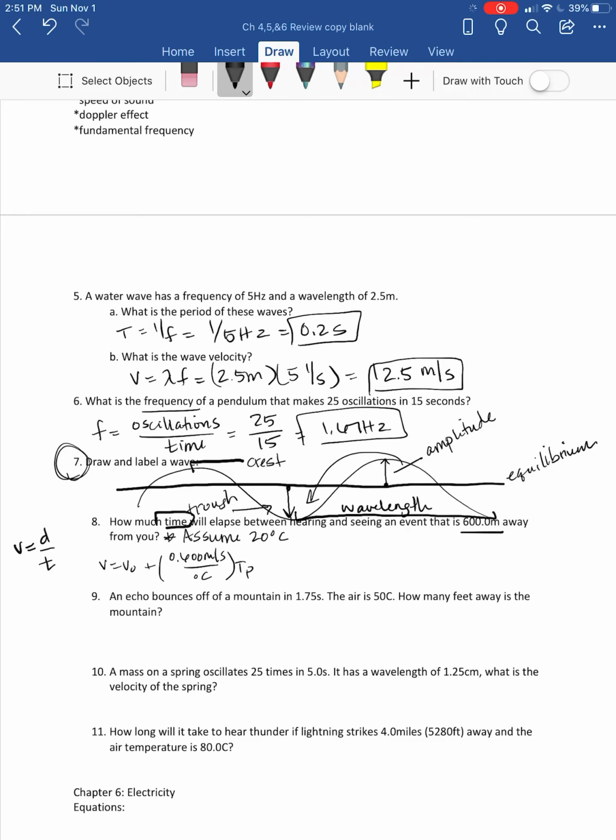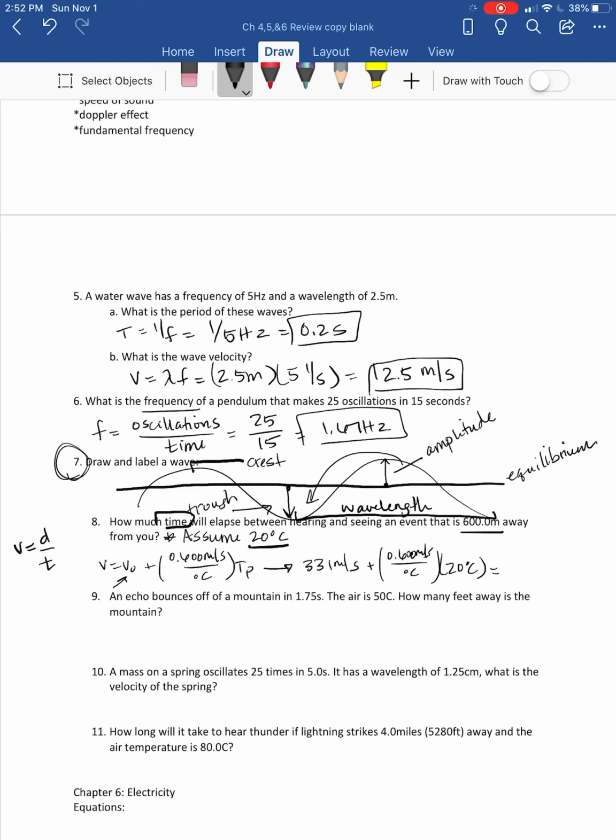If you look on a table that gives you the initial velocities at certain temperatures, at 20 degrees Celsius it would tell you that the initial velocity is 331 meters per second, and that the temperature is 20 degrees.